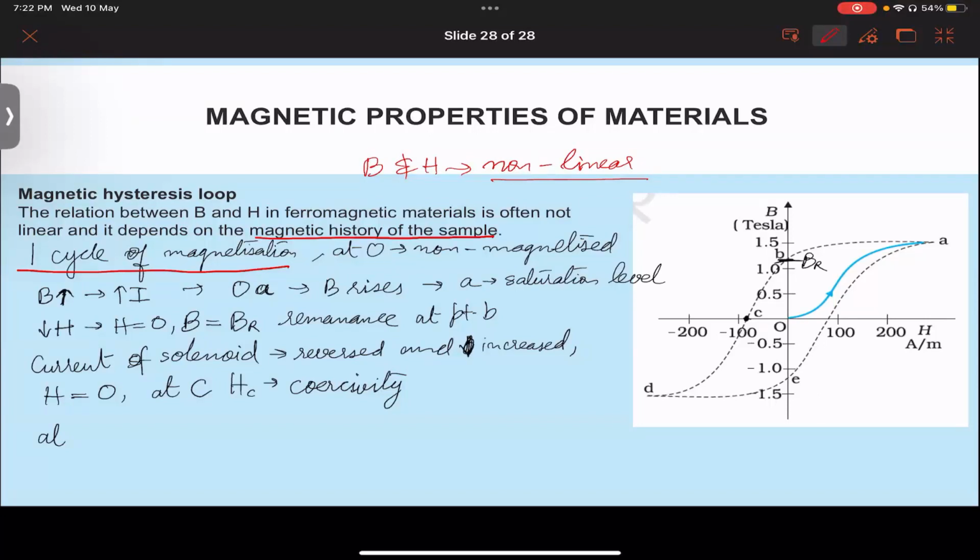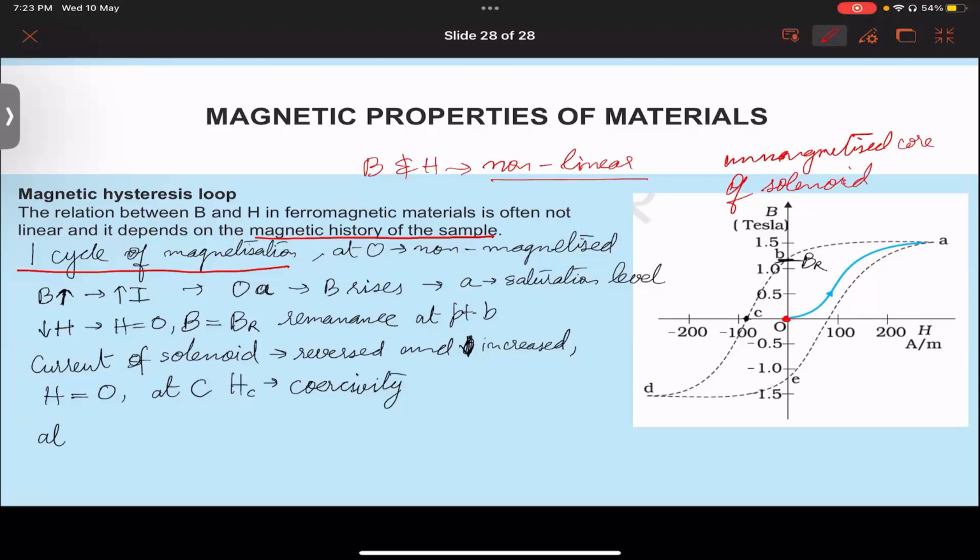At O, we have a non-magnetized sample, when the magnetic field is applied. Suppose we are going to consider an unmagnetized core which is put in a solenoid.